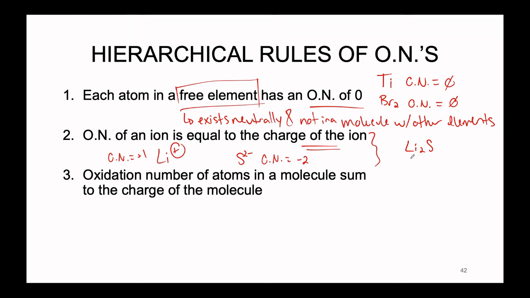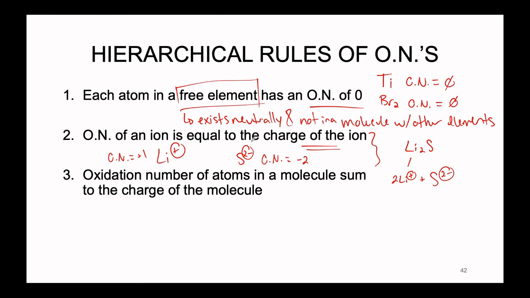Lithium should have a +1 charge, and there would be two of them present. The sulfur would have a 2- charge, and we can see that the charges are going to be the exact same as if they just existed freely and off on their own. So if you're working with an ionic compound or even just free-floating ions, the charge on the ion will be the oxidation number.